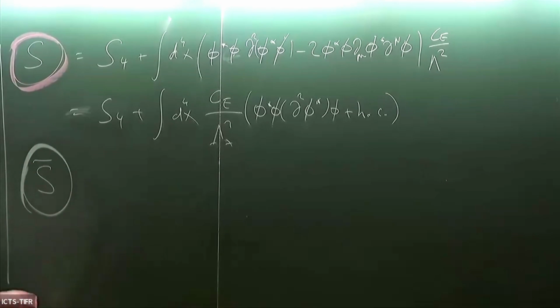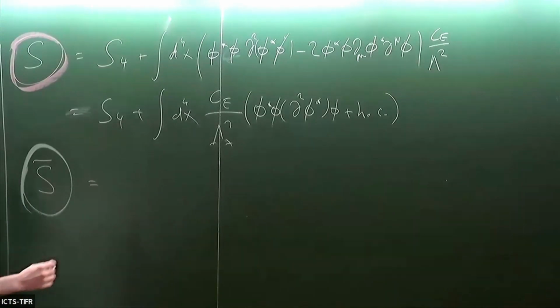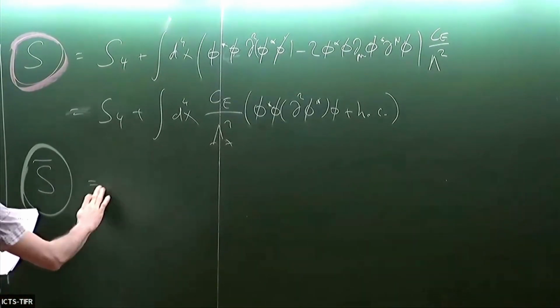We obtain it from the old one by doing that shift and stopping, because it's still an expansion in lambda squared, so we'll throw away a number of terms.